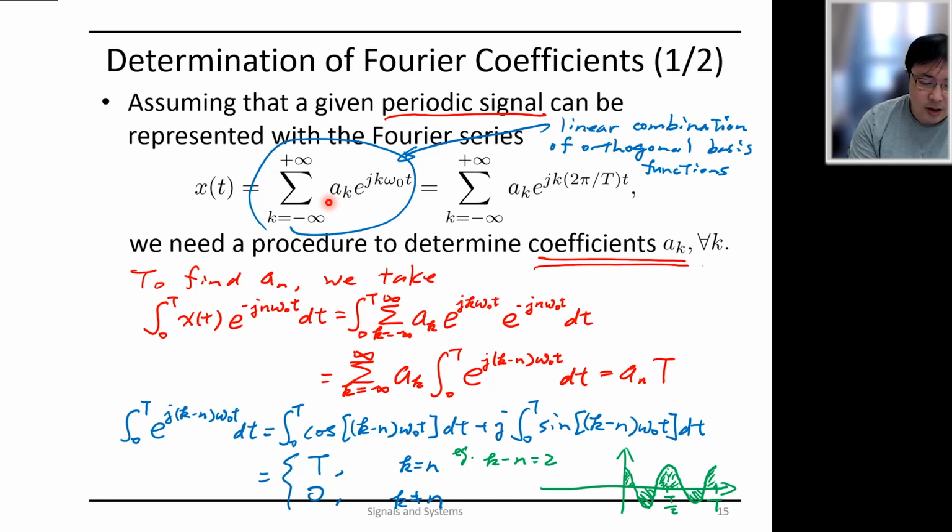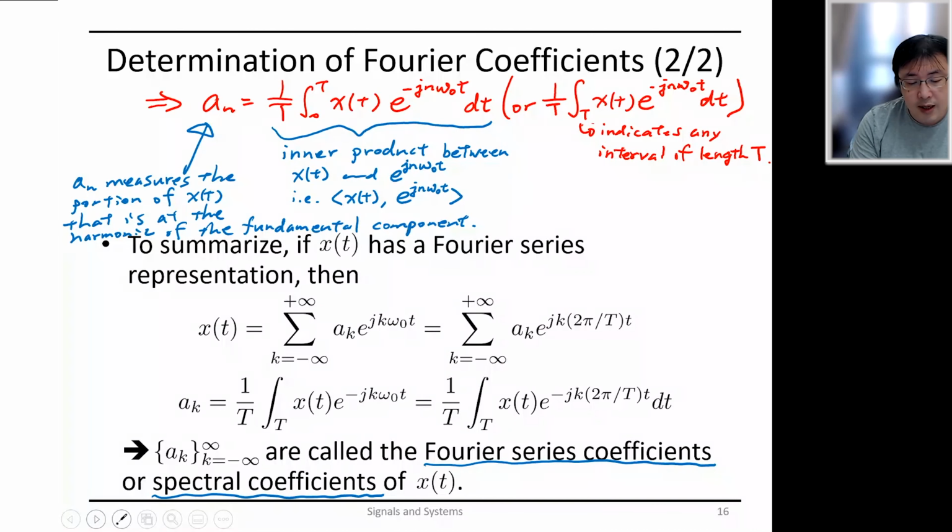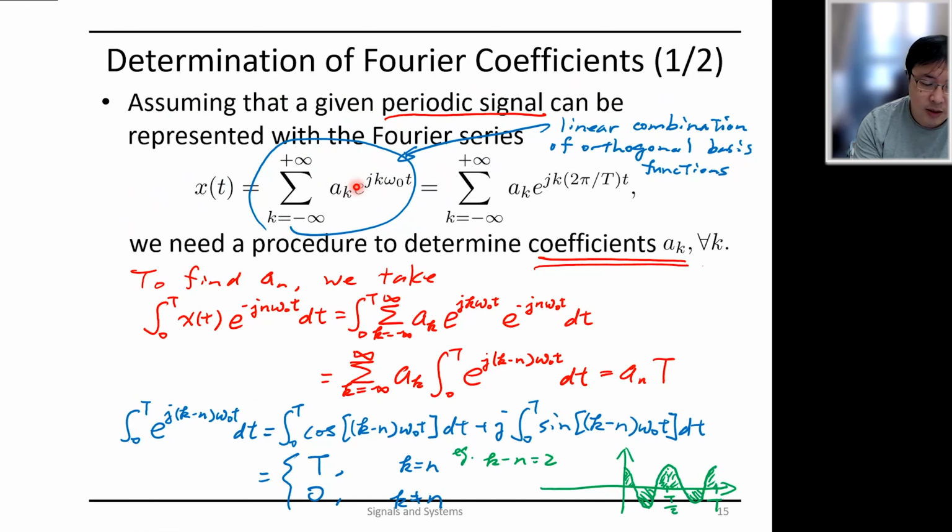And how should we do that? Through the derivation that we showed yesterday, we find that the coefficient for the nth term corresponds to a complex exponential of e to the j n omega naught t.